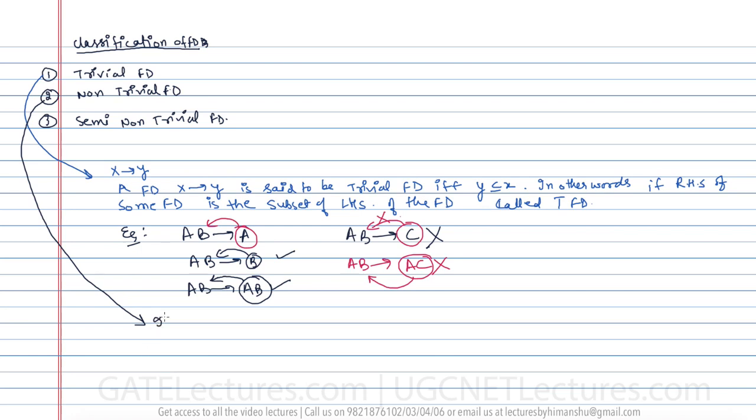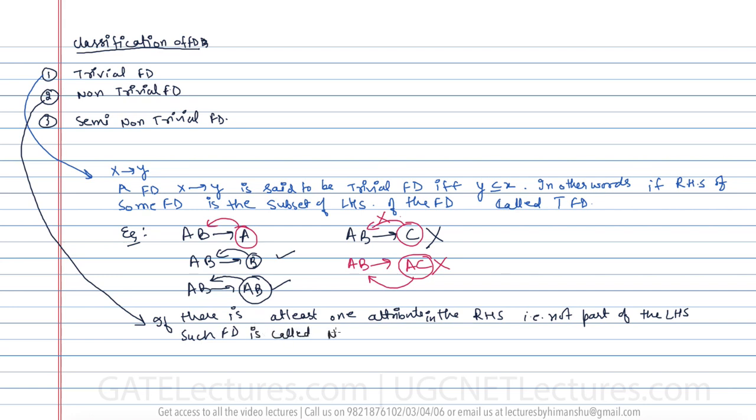If there is at least one attribute in the right hand side that is not part of the left hand side, then such a functional dependency is called a non-trivial functional dependency.